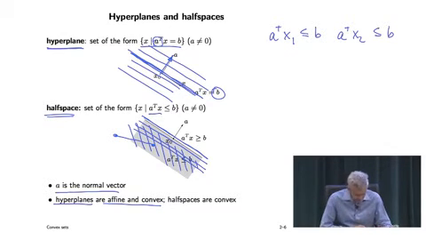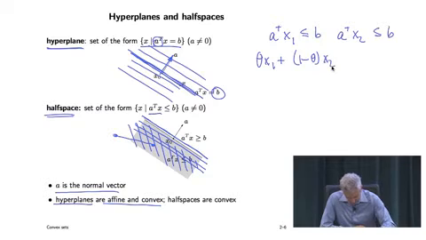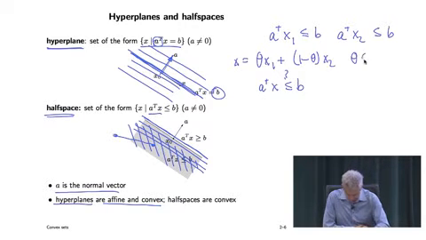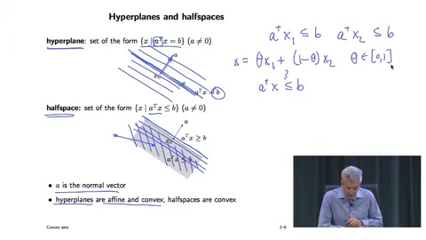Now let's take a convex combination, theta x1 plus (1 minus theta) x2, and call that x. The question is whether a transpose x is less than or equal to b, and the hope is yes. If that's true, then because x1 and x2 were arbitrary and theta was arbitrary between 0 and 1, we'll have verified that a half space is a convex set.